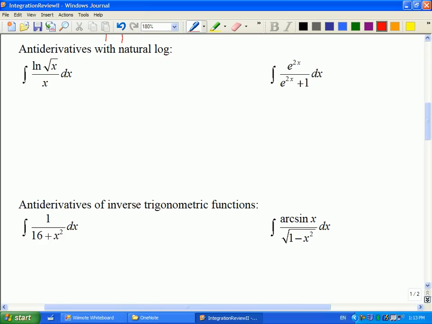Yeah, that's the way to do it, right? I could rewrite this as 1/2 natural log x over x. So really, the integral I'm looking at would look like this. Natural log x over x. Yeah, so remember those log laws?